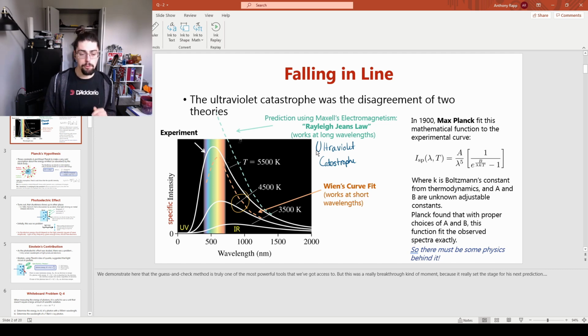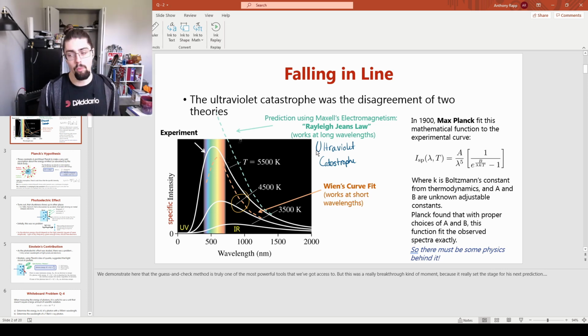So Max Planck came up with this, and he was looking at these and he said, okay, I know something is wrong. Let me work through the math one more time just to see. And he based a lot of this off of what we knew from thermodynamics, focusing on many of those details. This is actually called the grand ensemble for a bunch of different particles all doing different things.